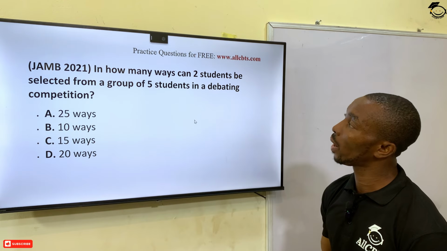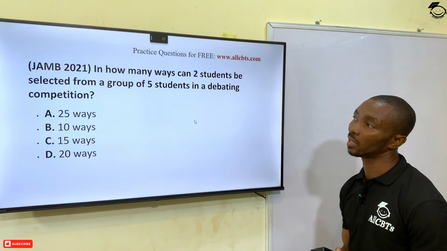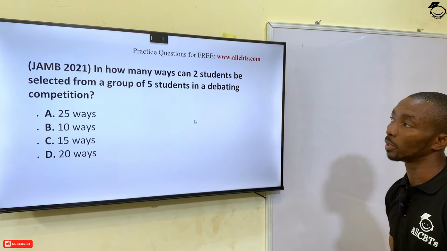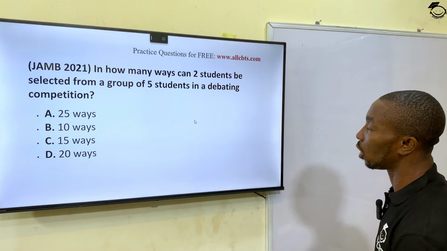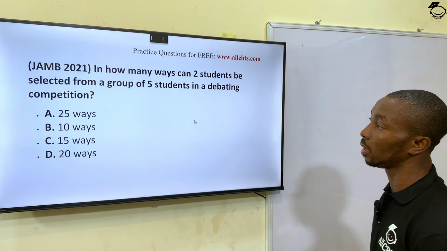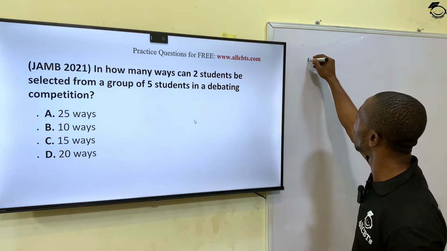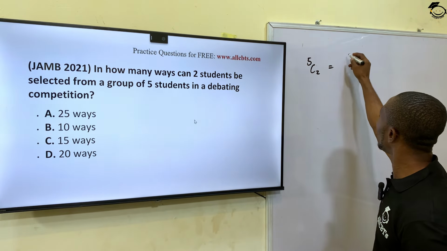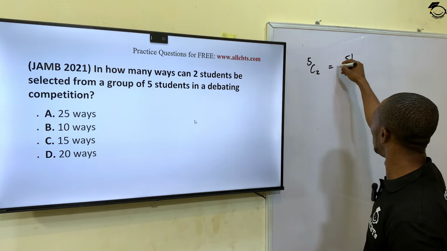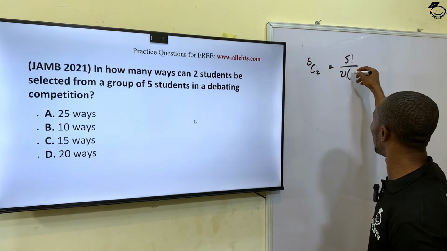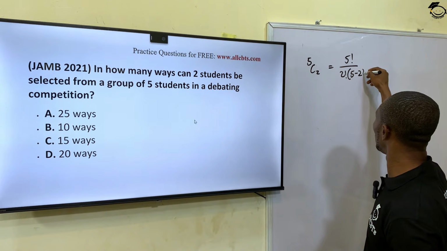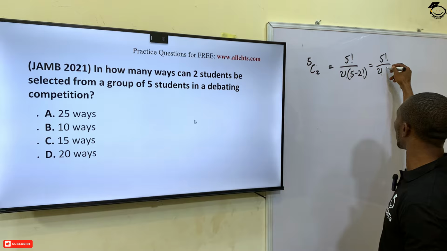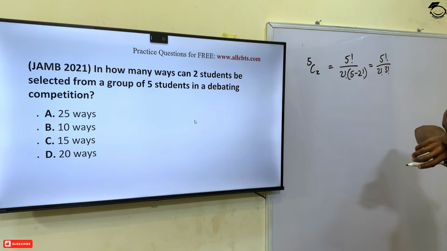In how many ways can 2 students be selected from a group of 5 students in a debating competition? Now, there's no order, so we'll be looking at combination. So this will become 5 combination 2. Alright, now this will be 5 factorial all over 2 factorial times (5 minus 2) factorial, which is 5 factorial over 2 factorial times 3 factorial.